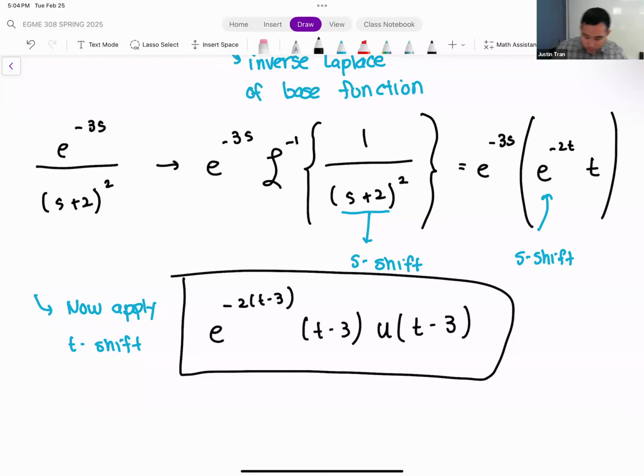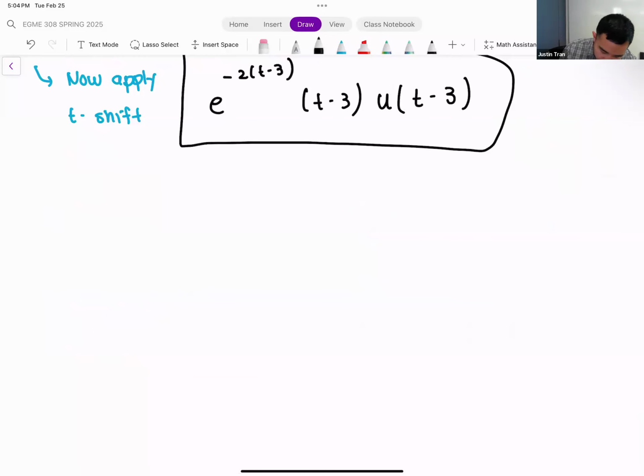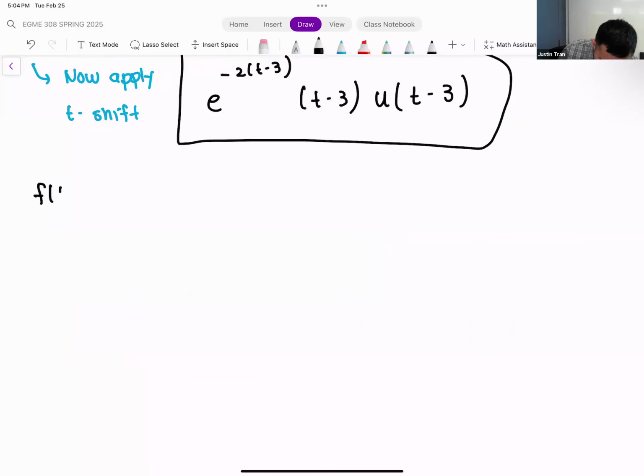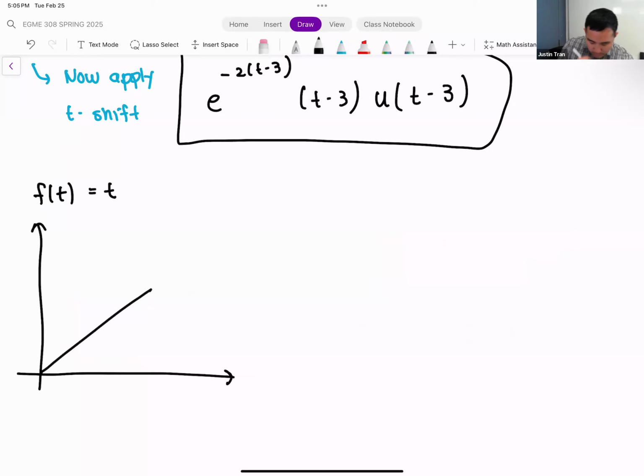If you compare the functions, f of t equals t looks like a standard linear ramp. But if you have f of t equals t minus 3 times u of t minus 3, it's going to push everything to the right by 3. And so it's going to look something like this.